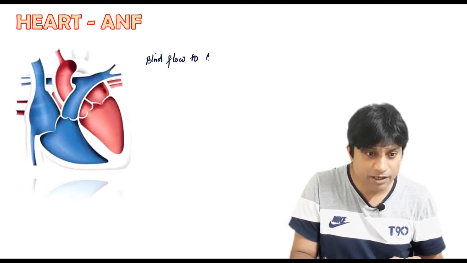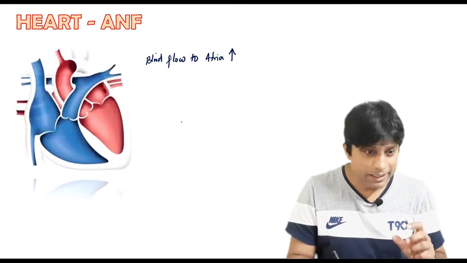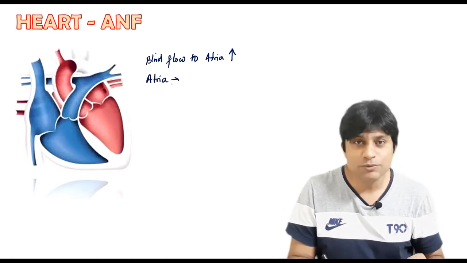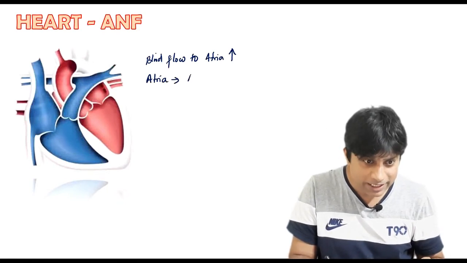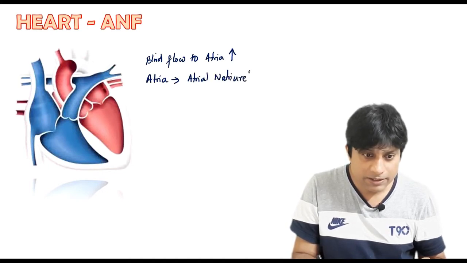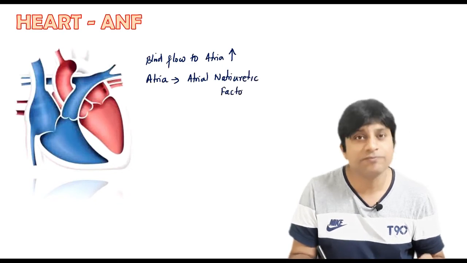Blood flow to the atria increases. As a result of this, the atrial wall, or the atria, produces one more special kind of hormone which is called atrial natriuretic factor. We are calling it ANF.